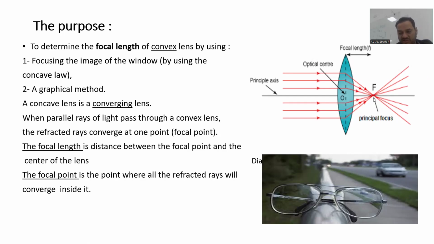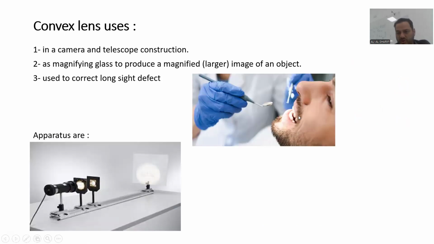And this point's position will change from one convex lens to another, specifically according to what we need from the lens to make an eyeglass, depending on the patient's defect, or to use it in a diagnosis procedure, to give the dentist the opportunity to take a look at something.